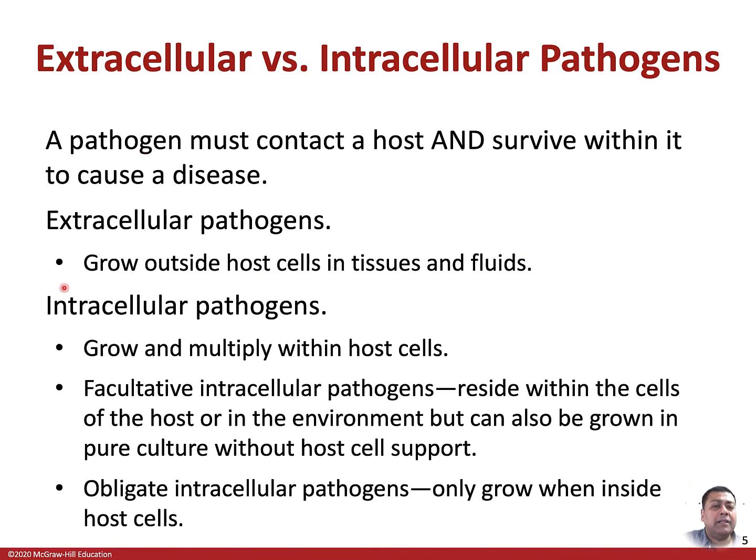On the other hand, there are some intracellular pathogens, and in the intracellular pathogens, there are two types. They multiply within the host cells, and what we mean by this is that these facultative intracellular pathogens reside within the cells of the host or in the environment, but they can also grow in pure culture without the host cell support.